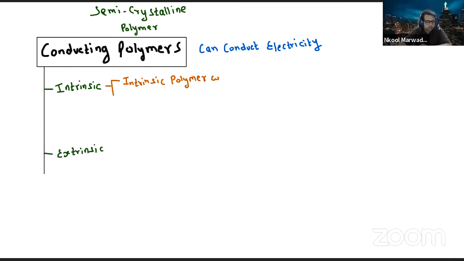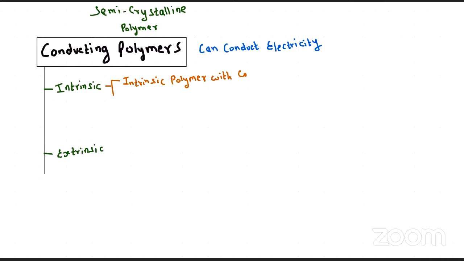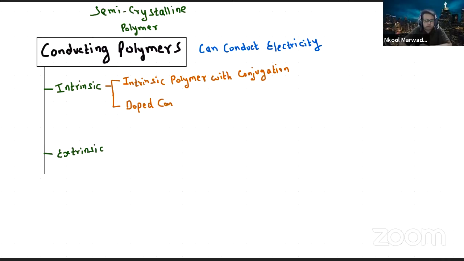And extrinsic is the opposite: conductivity is comparatively good, and there is an empty bond, so the electrons can flow. Yeah, doped to conduct. We will discuss that.